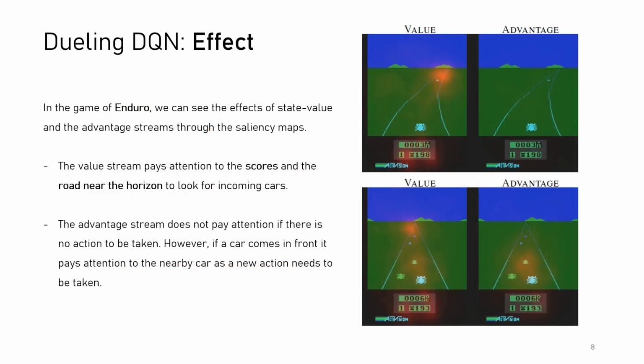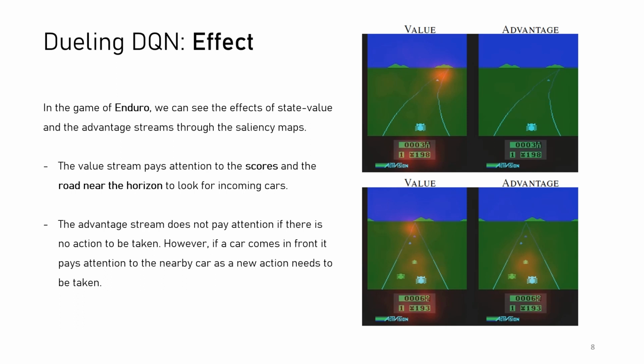Here you can see the dueling DQN demonstration for the Atari game Enduro using saliency maps. In the first instance, at the upper right, the value function pays attention to the scores and the road near the horizon to look for incoming cars. On the other hand, as there is no car on the horizon, there is no action to be taken. So the advantage function does not pay attention to any particular pixel region.